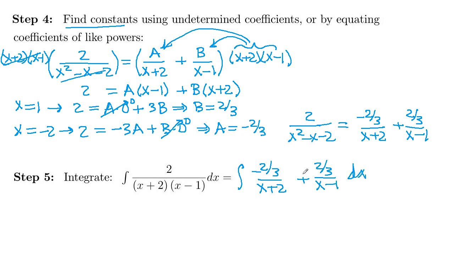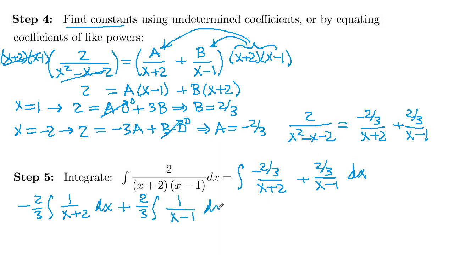So take the integral of each piece, pull your constants out. So this would be negative 2/3 integral 1 over x plus 2 dx, plus, pull this 2/3 out in front of the integral, and integral 1 over x minus 1 dx. Now this looks like g prime over g.